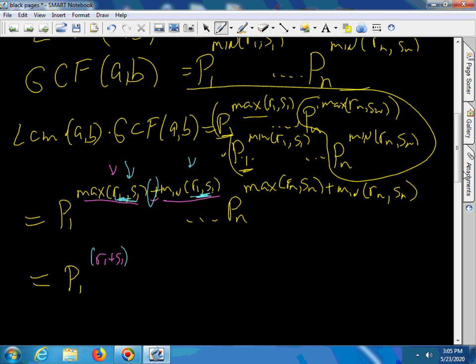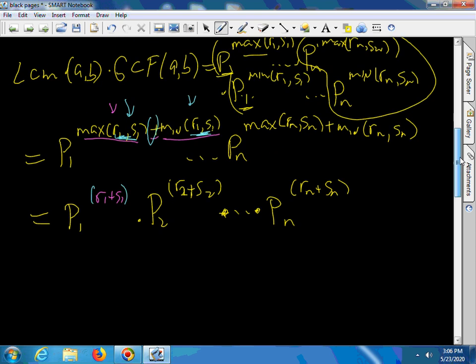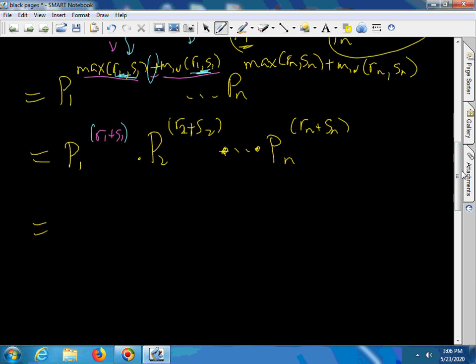And we continue doing this. For P2, the power is going to be R2 plus S2, all the way down to P sub n, with Rn plus Sn. Okay, we're almost there.